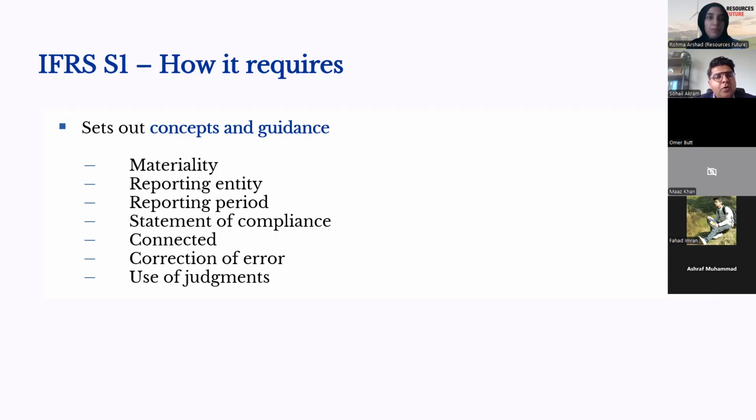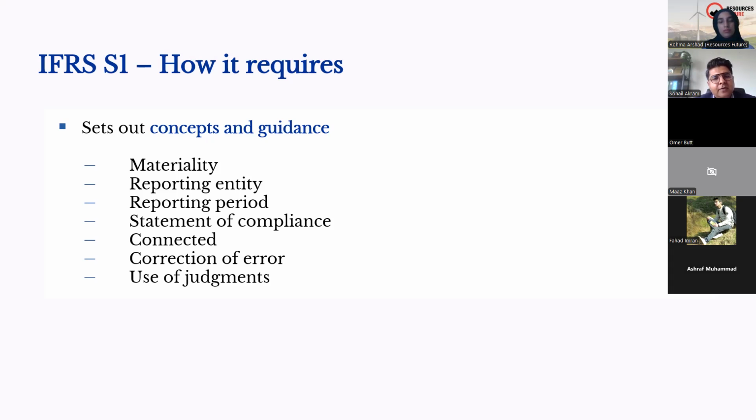An important element is that there should be a connection between financial reporting and sustainability reporting, and the sustainability report shall identify the financial statements to which the sustainability-related financial disclosures relate, and then the currency within the sustainability report should be the same as that used for the financial reporting.